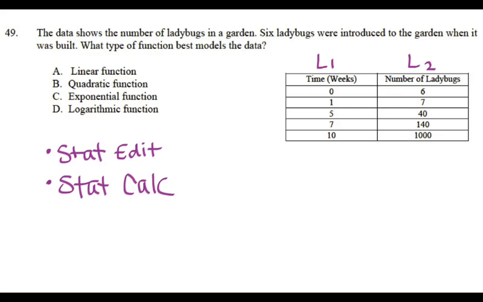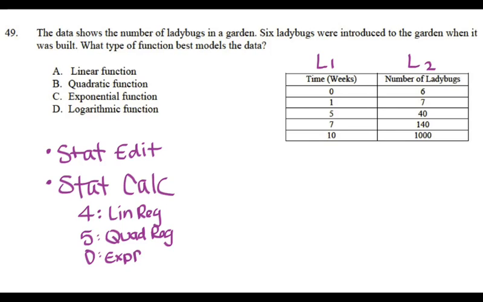Now there's 4 different types of regression that you need to do. So you're going to have to do 4, which is the linear regression. You are going to have to do 5, which is the quadratic regression. You're going to have to do 0, which is the exponential regression. And you're going to have to do 9, which is the logarithmic regression.